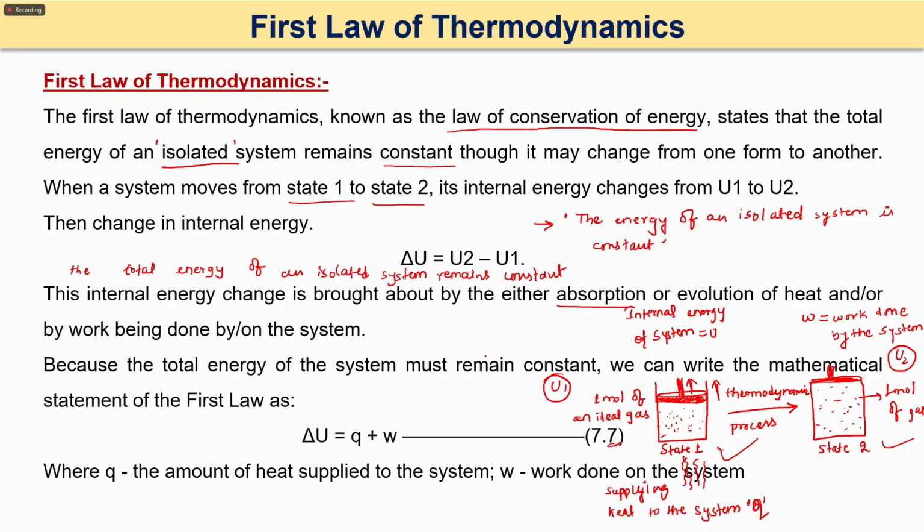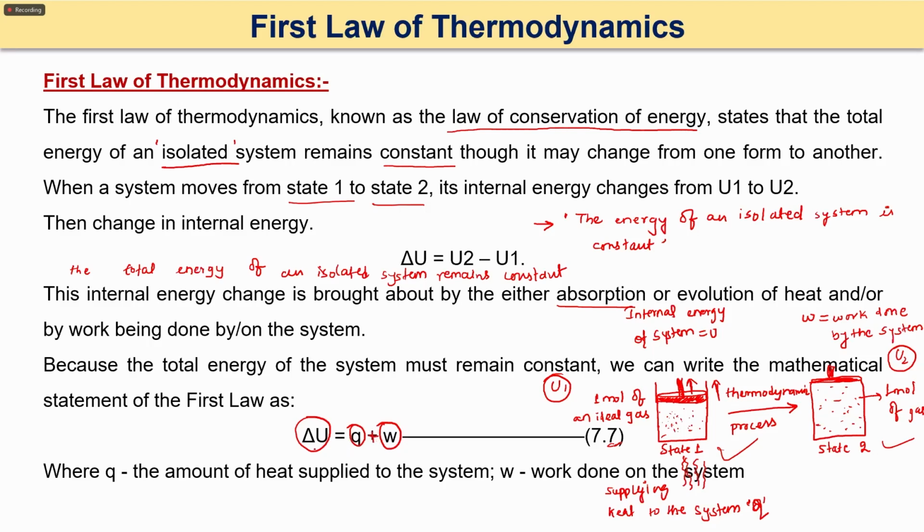So that means here we are studying the case of absorption of heat. What if heat is getting evolved from the system? Then in that case, we will do work on the system. So in that case, the work will be done on the system. Because the total energy of the system must remain constant, which is nothing but the statement of the first law of thermodynamics, we can write that delta U, that is the change in internal energy, is Q plus W. So here a plus sign is there.